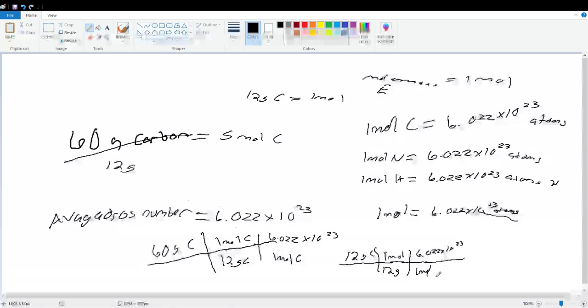If you multiply 12 times 6.022 times 10 to the 23rd, and you divide that by 12, because remember, 12 is the molar mass, then you'd get 6.022 times 10 to the 23rd.